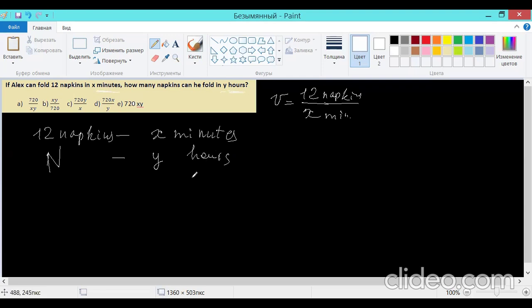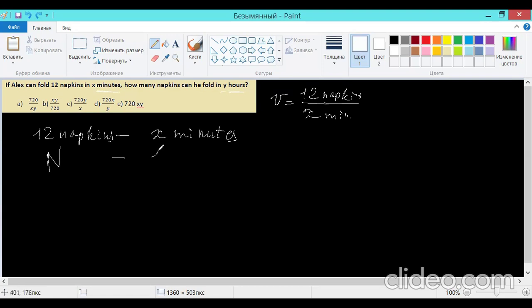We cannot do that. For this reason, first of all, let's change something about this proportion and find out how many napkins can be made within 1 hour.